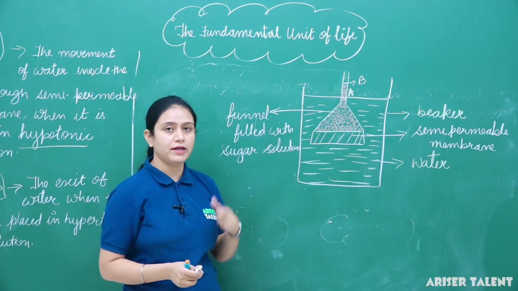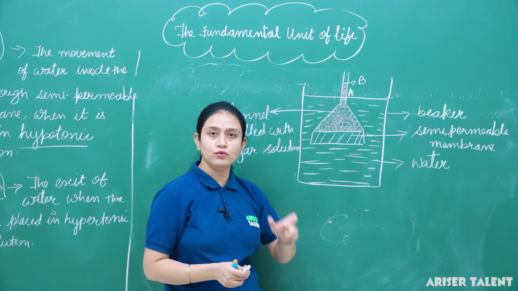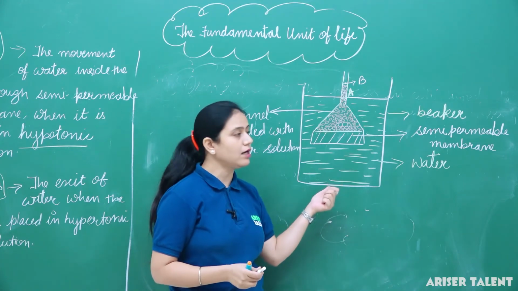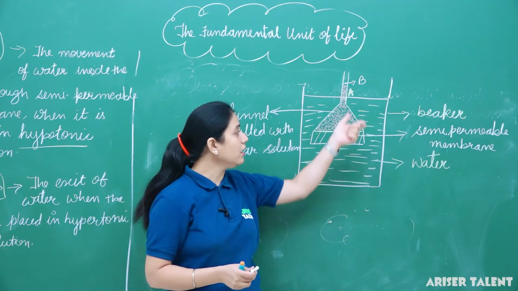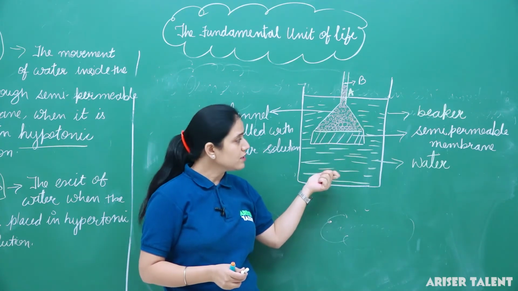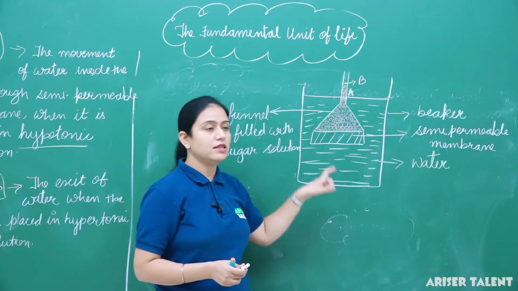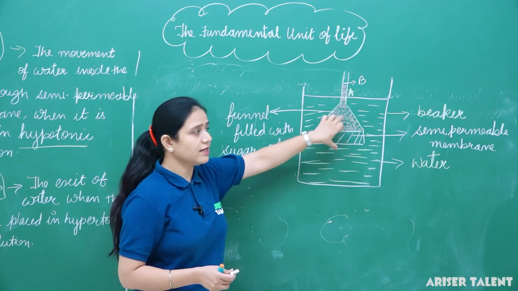Now how it happened, as I told you, semi-permeable membrane allowed the movement of only selected molecules. So it allowed the water molecules to move inside the funnel, but it does not allow the particles of sugar to move out. Clear? So this is the reason that water moves inside the funnel here.